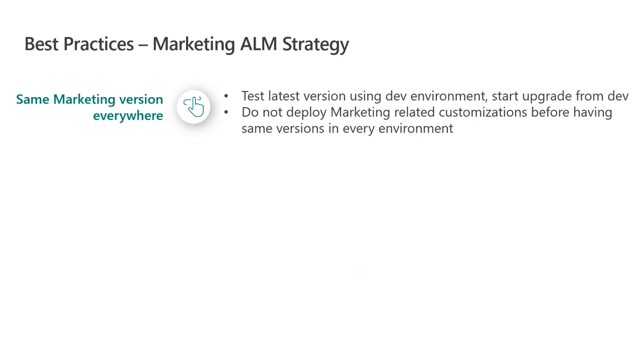Let's say you update the app in your development environment, but don't apply it to your SIT or UAT environments; then you will face issues during the deployment of your solutions. Therefore, as a best practice, marketing app versions should be the same in each and every environment.